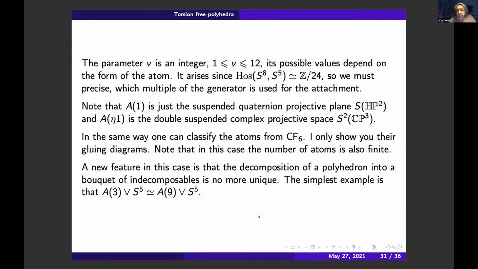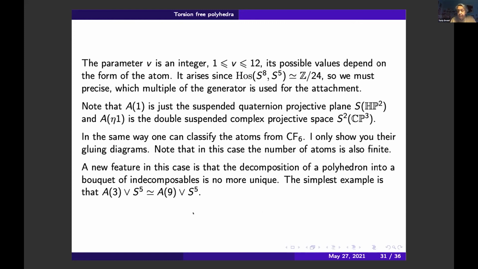A new feature in this case is that the decomposition of a polyhedron into a bouquet of indecomposables is no more unique. For instance, if we have these atoms A3 and A9 and glue them with the 5-dimensional sphere, they become isomorphic.